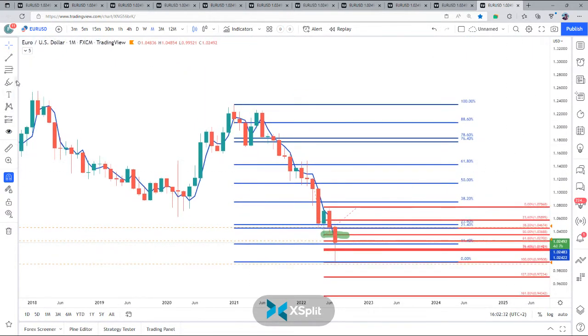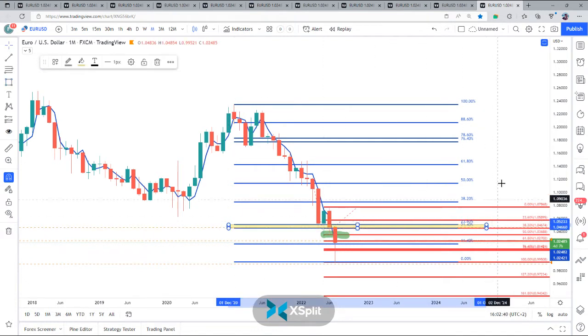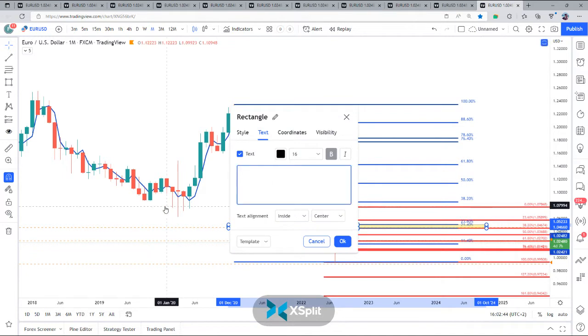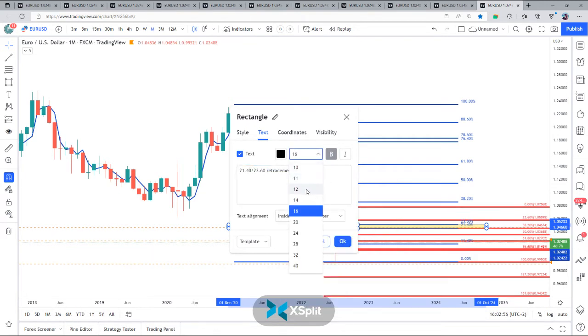I can highlight those levels here and put some text like 2140, 2360, retracement, and then you have it on your chart, you know where it is, and you know why there is a confluence in that area.